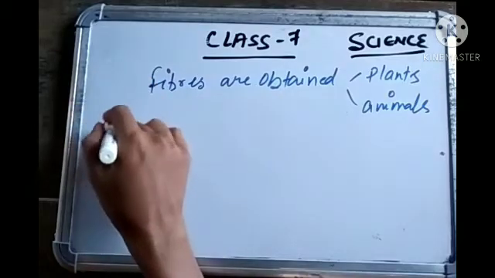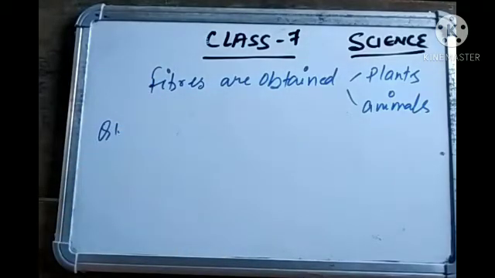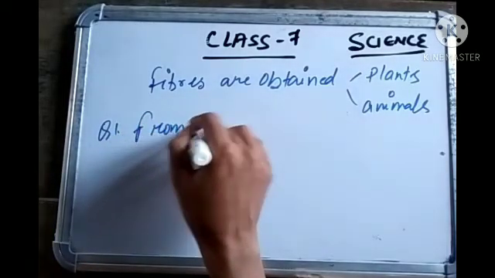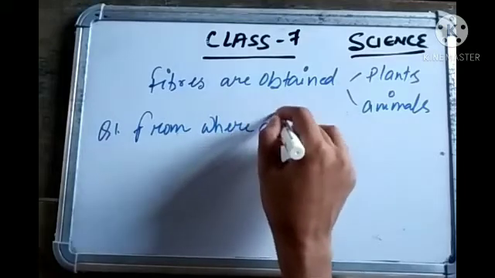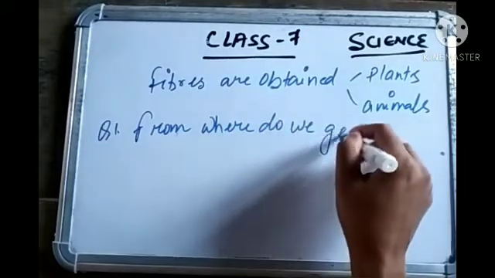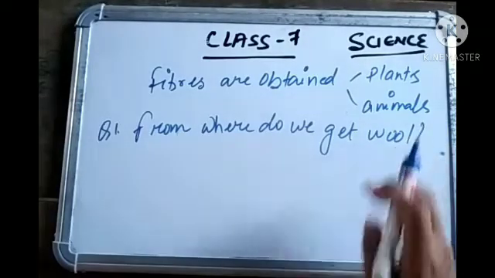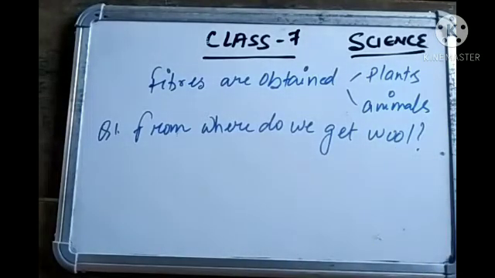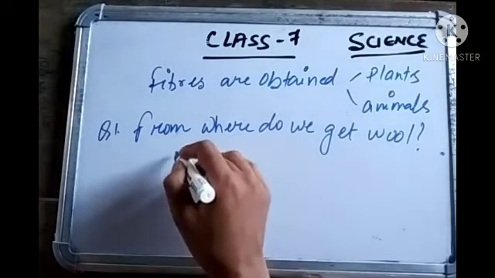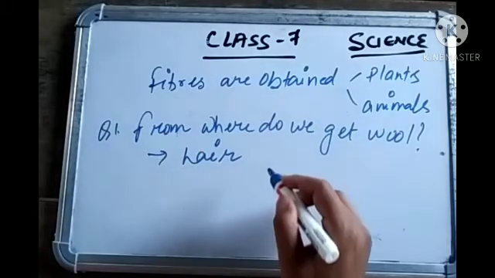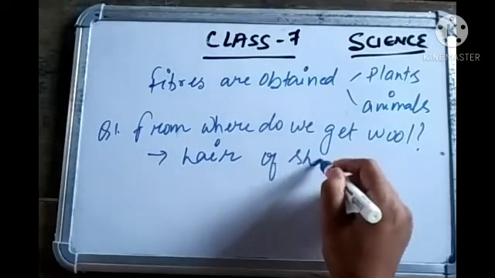So the question is, when we take the example of animal origin, from where do we get wool? We already discussed this in class 6, and the answer is from the hair or fleece of sheep or yak.